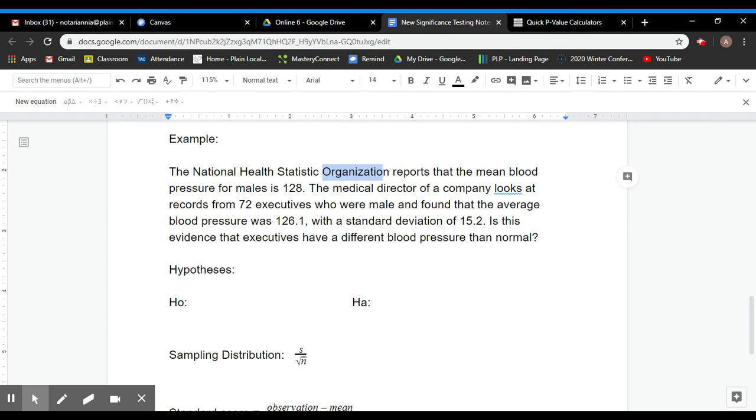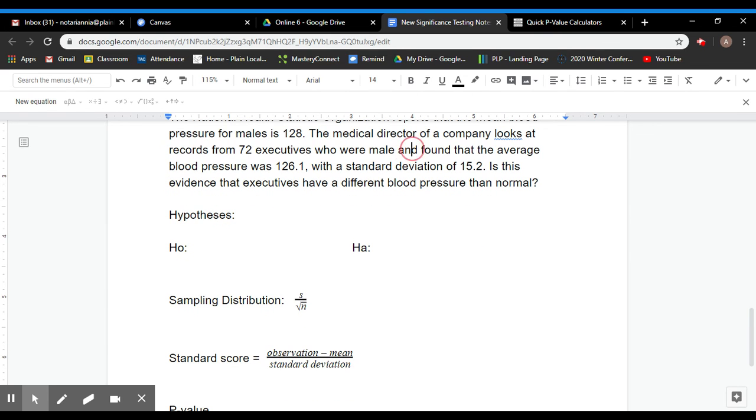The national organization says a normal male will have a blood pressure of 128. The medical director looks at records for 72 executives, and he finds that their average blood pressure is 126.1, with a standard deviation of 15.2. Is this evidence that executives have a normal blood pressure or a different blood pressure when compared to normal?